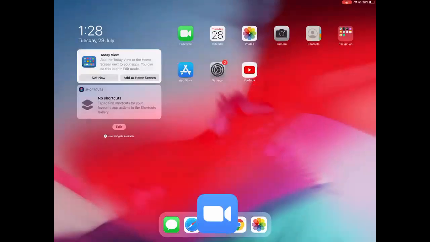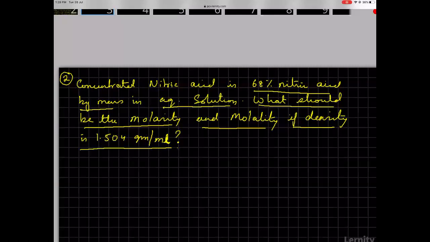HNO3 is the solute, so we have to find it for that. You have to find out molarity and molality for HNO3.